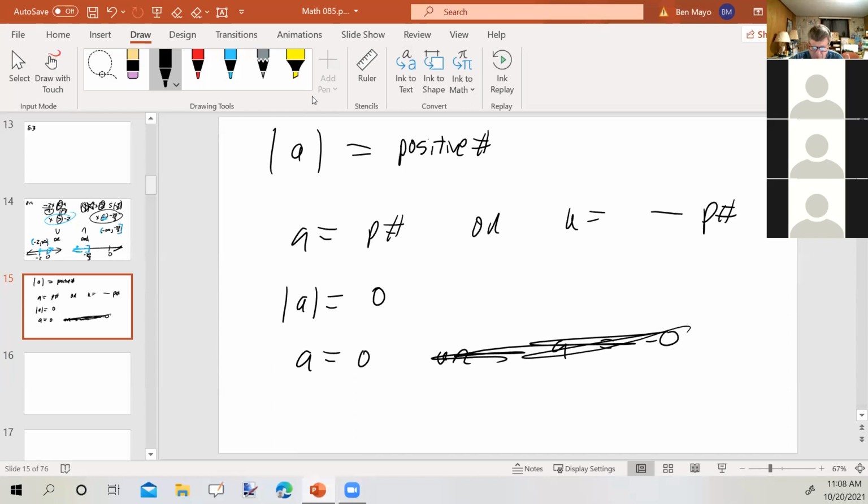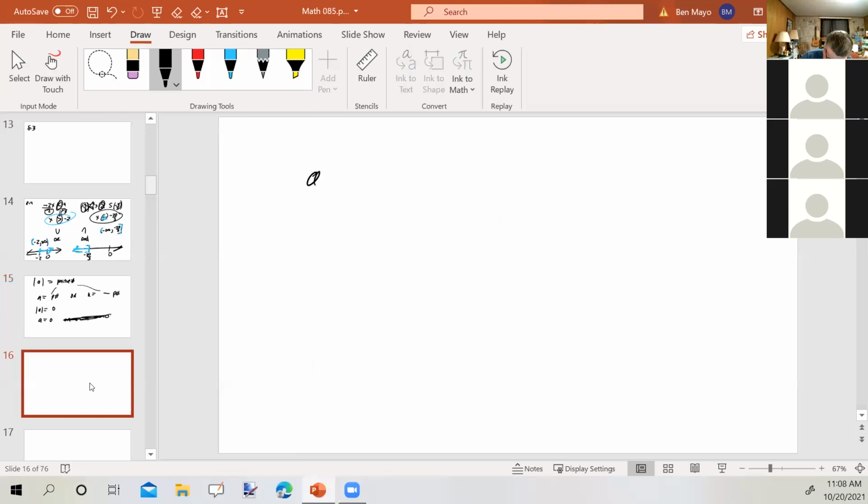So if you've got an absolute value set equal to a positive number, you're going to have two possible equations. Go through and solve them. Check your work. Absolute value equal to 0, you're going to have one equation. Solve it. Check your work. Absolute value equal to a negative number, you're not going to get a solution, but I believe WebAssign asks you to go through and break it down into the two equations.